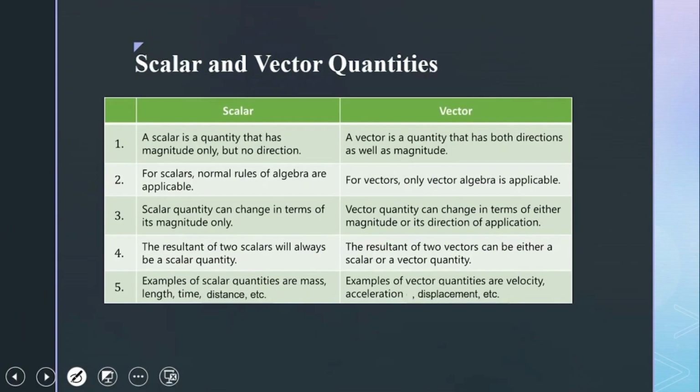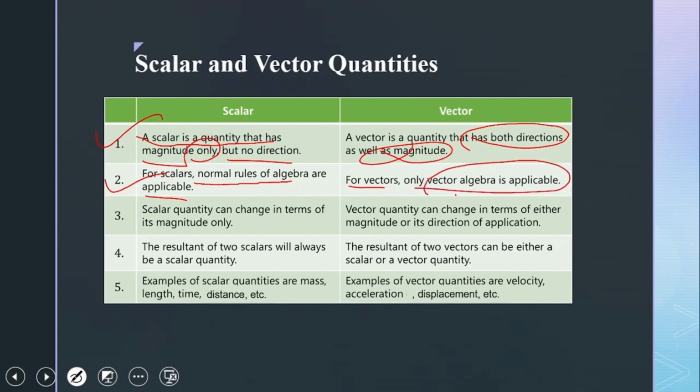So let's see the difference between scalar quantities and vector quantities. First, a scalar quantity has magnitude only but no direction, whereas a vector quantity has both direction and magnitude. Number two, for scalars, normal rules of algebra are applicable, but for vectors, only vector algebra is applicable.